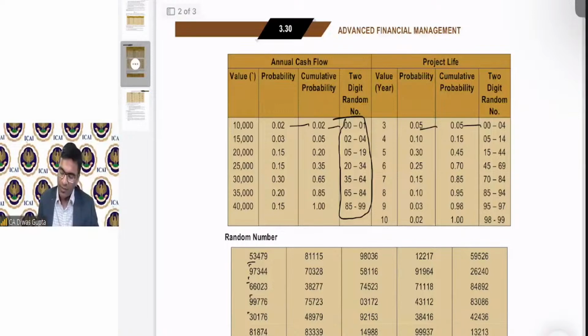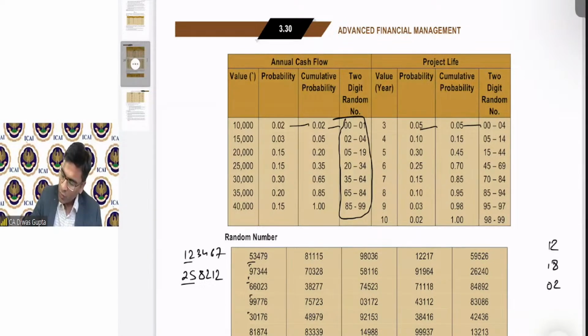So see, just to explain, these random numbers have been given in such a manner, right? But if you want to try this, you can simply take any other numbers also, 1, 2, 3, 4, 6, like that, and 7. So take these two numbers, then 25, 82, 1, 2. Any numbers you take, or let's say you can take random numbers like 12, 18, 02, 05, 99, any number that comes to your mind.